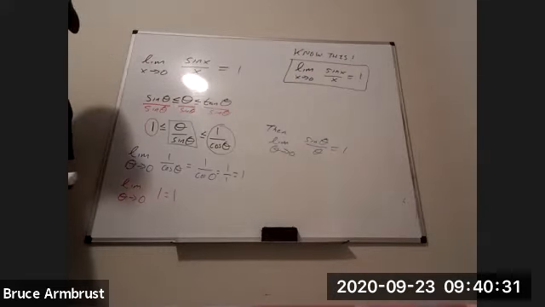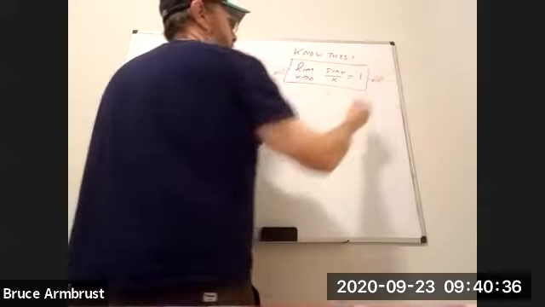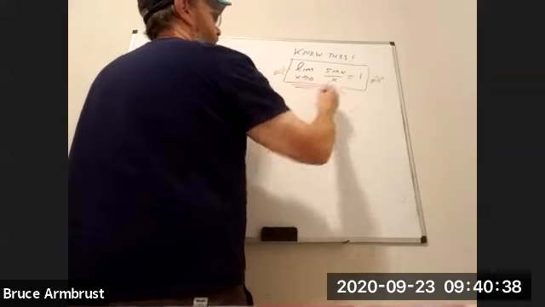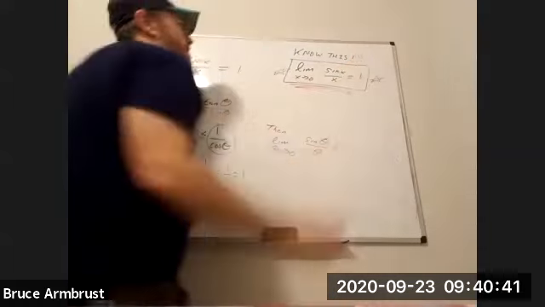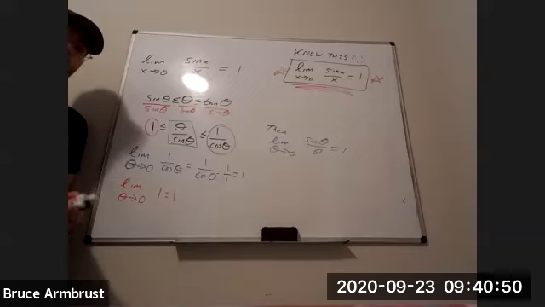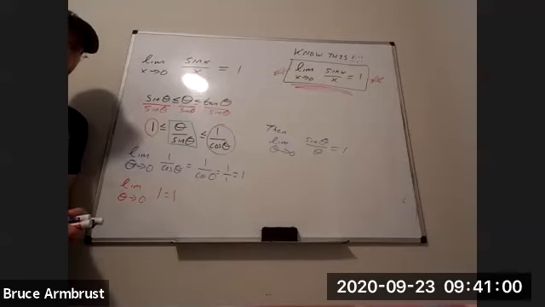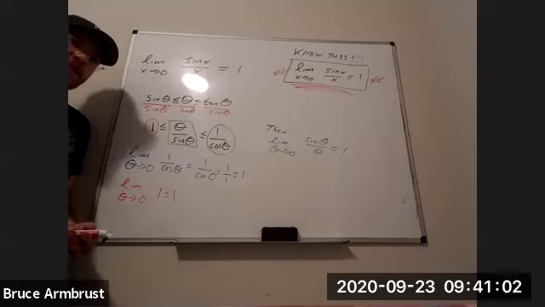Okay, know this. In fact, it's so important, I'll put even some little red stars by it. I'll underline it. I'll throw in a couple more exclamation marks. Know this one, okay? Sine of x over x goes to 1 as x goes to 0. This is used all the time. In fact, I'm teaching second year calculus right now.